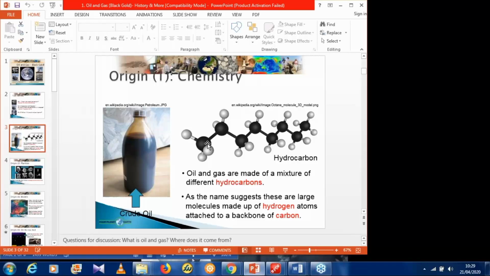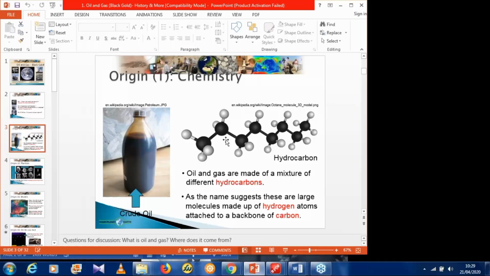That's a popular name for it. So back to oil and gas and hydrocarbons: they are made up of a mixture of different hydrocarbons, different hydrogen and carbon atoms coming together to form molecules. They are the basic components that make up oil and gas.